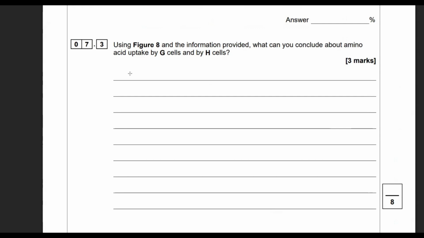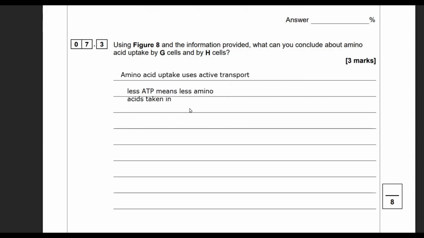So one thing we can tell is that amino acid uptake uses active transport. Less ATP means less amino acids taken in. Anyway, we've already kind of banged on about that point. That's going to get us a mark.